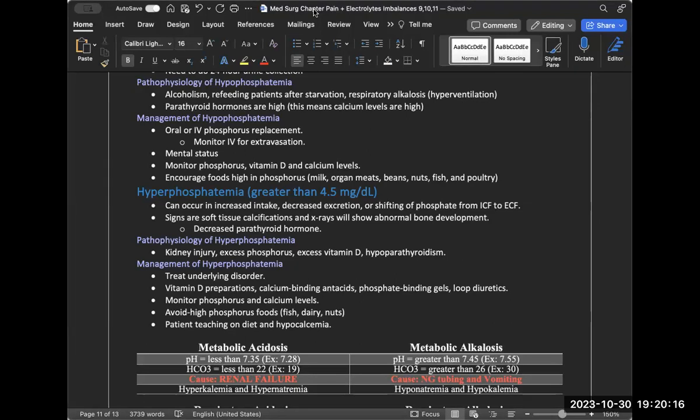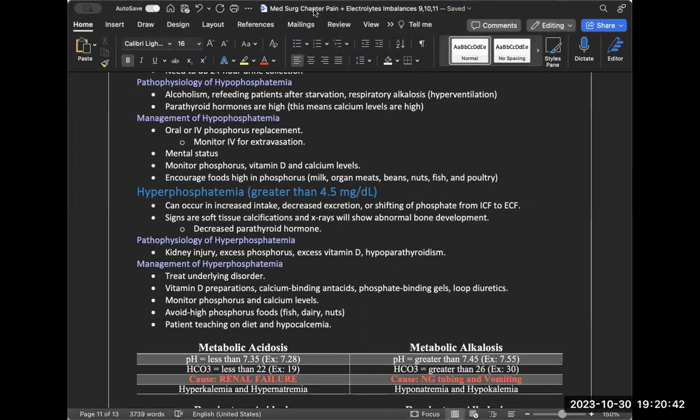The only difference is that we're going to try to reduce this by increasing our calcium levels. We're going to treat hyperphosphatemia by reducing foods high in phosphorus, and we want to increase foods high in calcium because they will have hypocalcemia when they have high phosphorus levels. So if they have low calcium levels, we want to replace those.